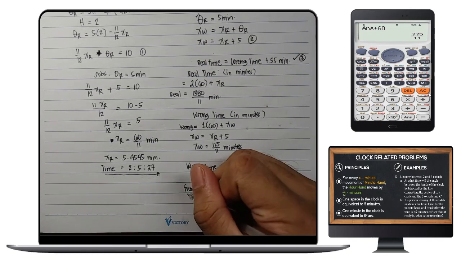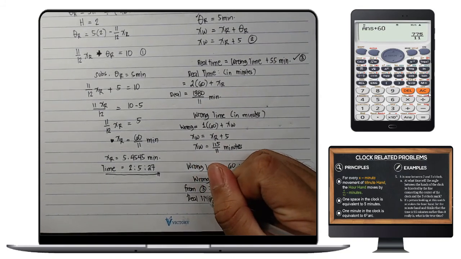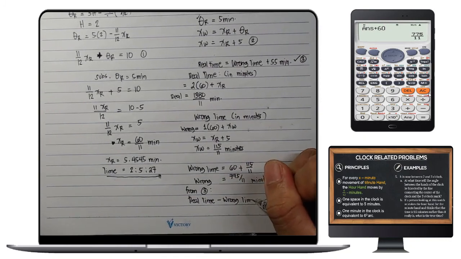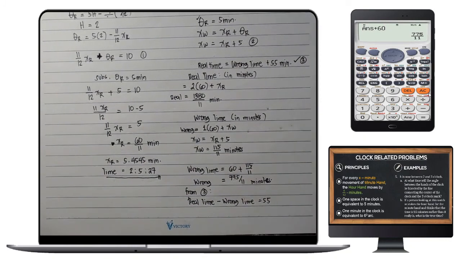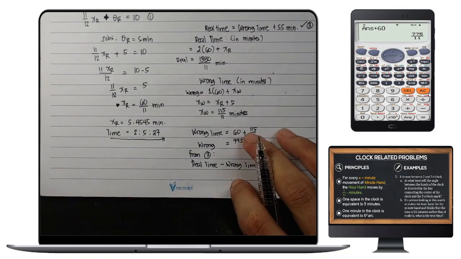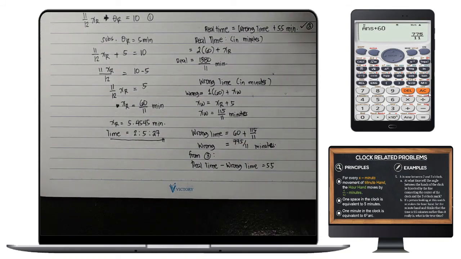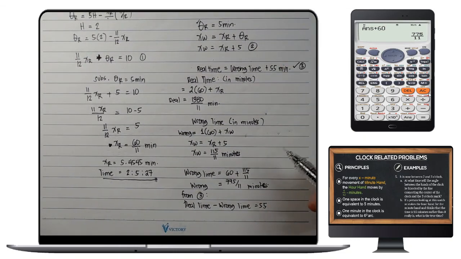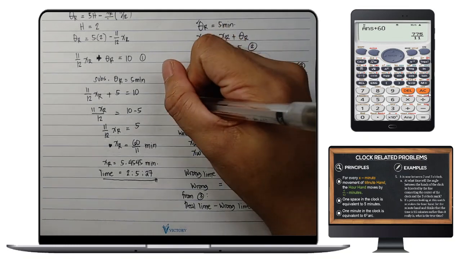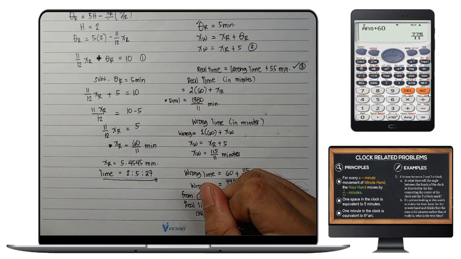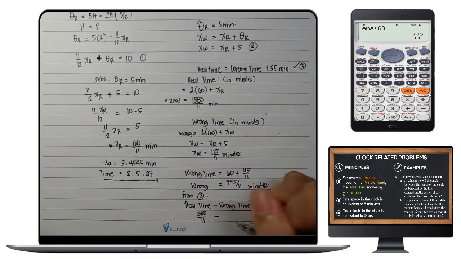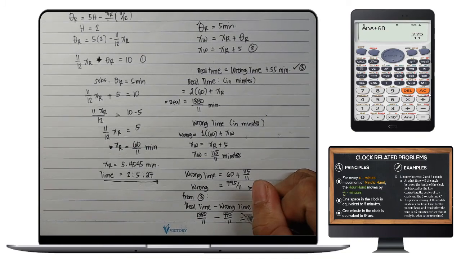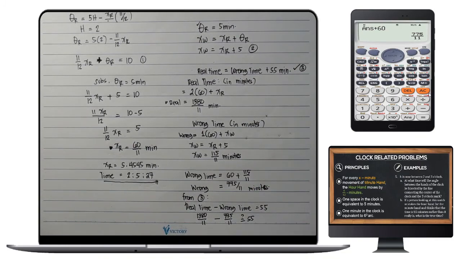So we can say that the difference between the real time and the wrong time is equal to 55. So substituting, the real time na na-solve natin is 1380 over 11, minus yung wrong time natin is 775 over 11. We are going to check if that is equal to 55.